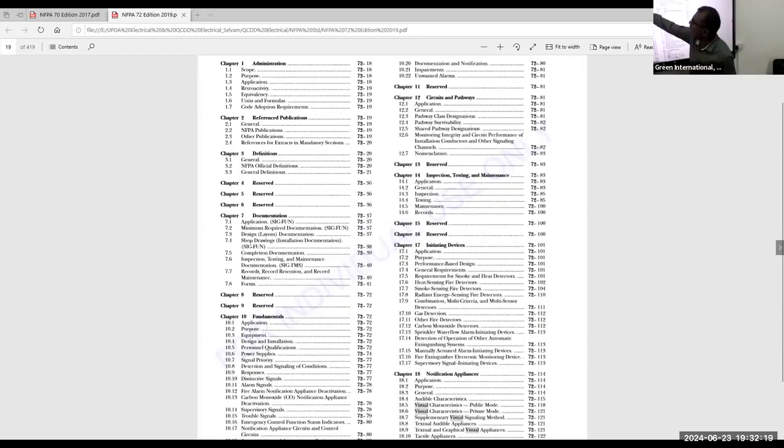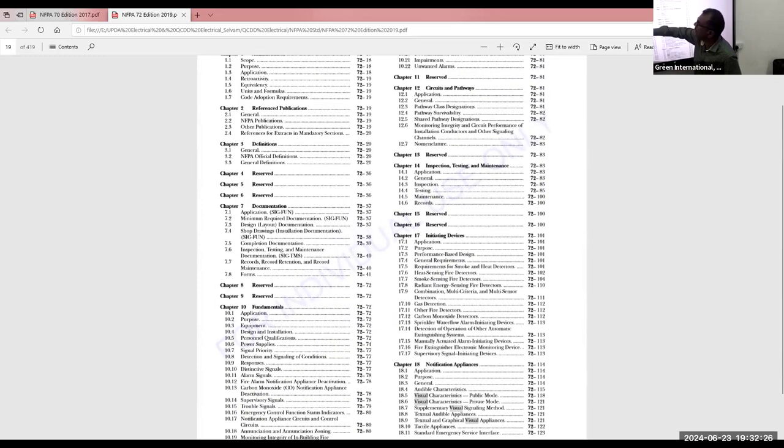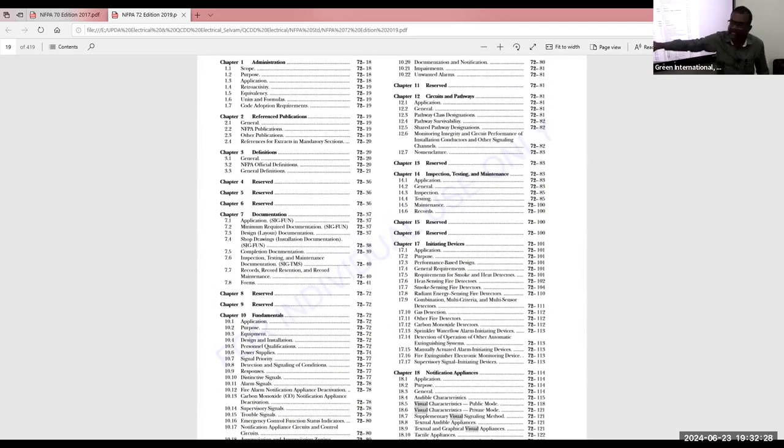So chapter 1: administration, referenced publications, definitions, and others. We just need to discuss the first three standards only. If we know the first three standards, especially the referenced publications, we will get the answers.